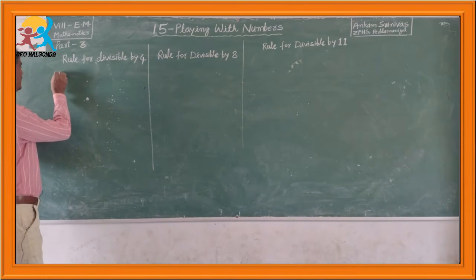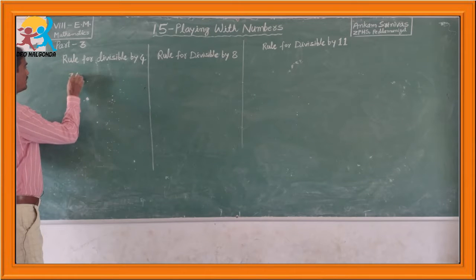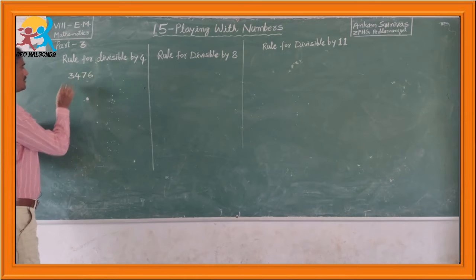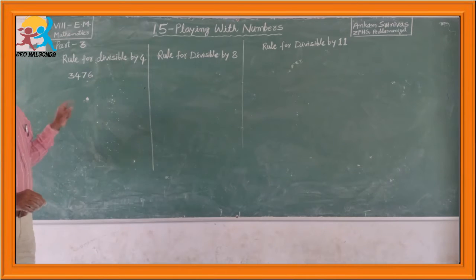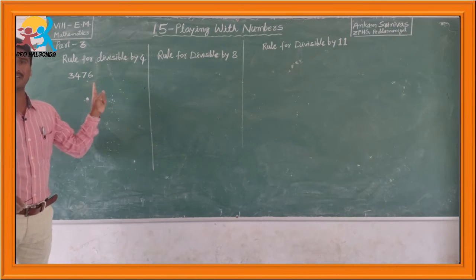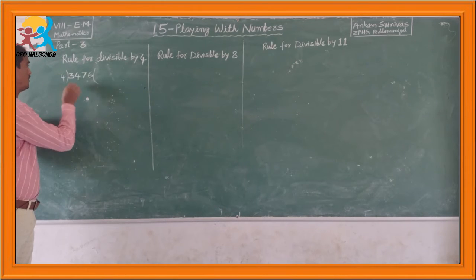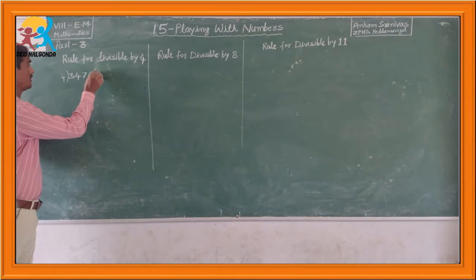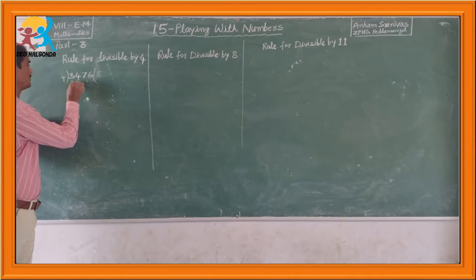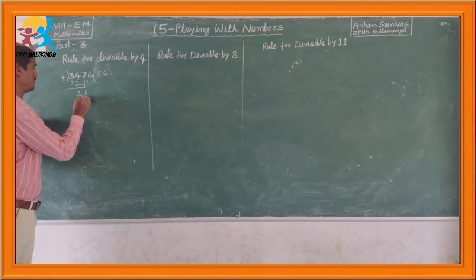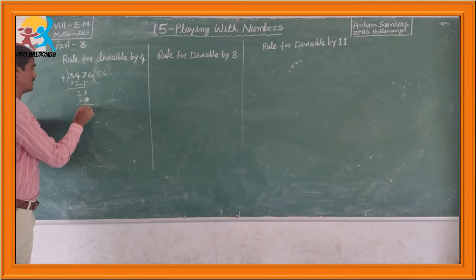Children, take a number here, 3476. Check whether it is divisible by 4 or not. In actual division, 4 eights are 32, 2 and 7, 4 sixes are 24, 3 and 6, 4 nines are 36.